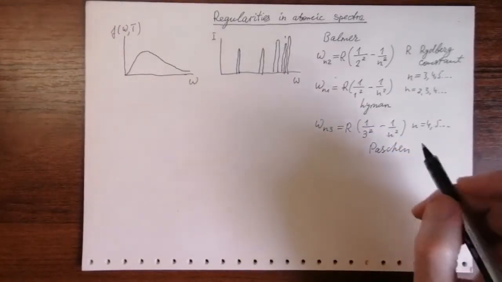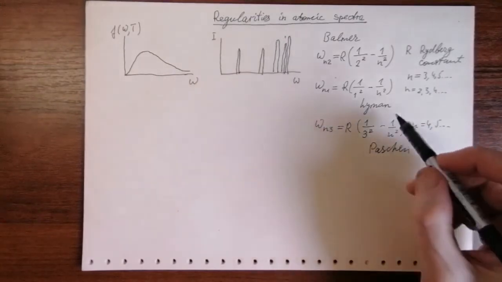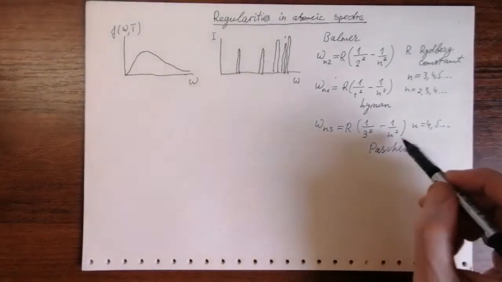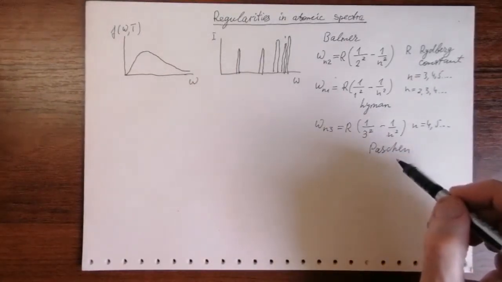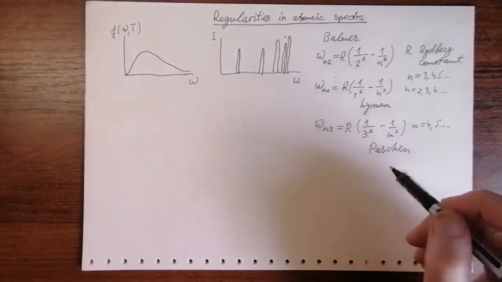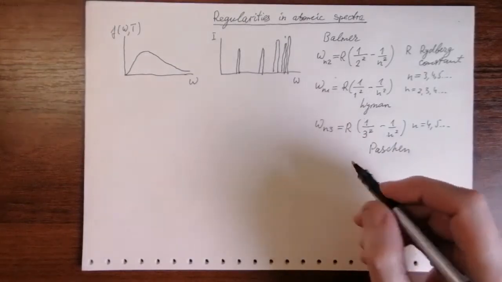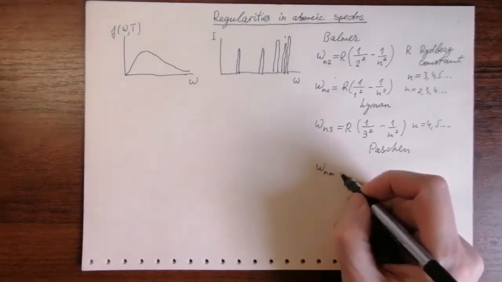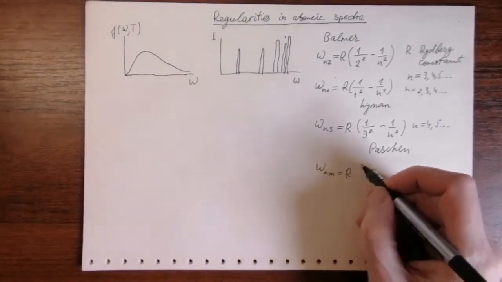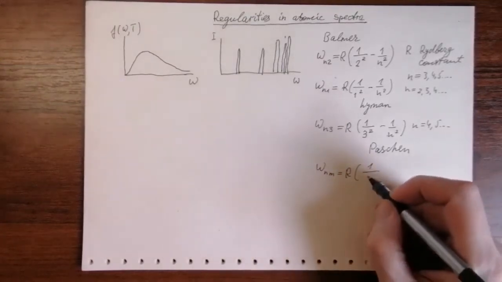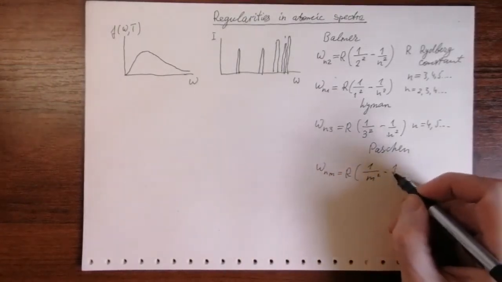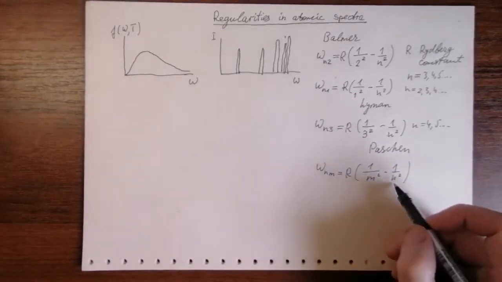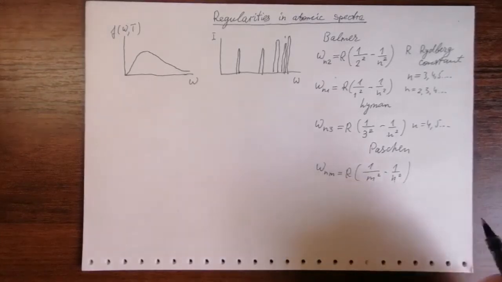Then we see that all the series of lines are represented by simple formulas, and the so-called generalized Balmer formula is omega n m is R times 1 over m squared minus 1 over n squared, and n always starts from 1 greater than m.